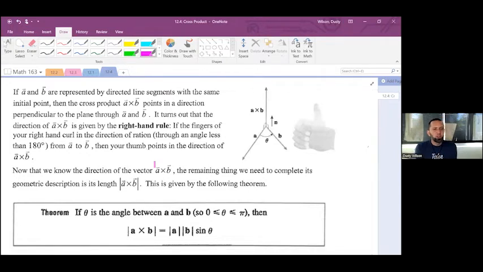Now that we know the direction of the vector A cross B, the remaining thing we need to complete its geometric description is its length, the magnitude of A cross B. This is given by the following theorem. If theta is the angle between A and B, so that 0 is less than or equal to theta is less than or equal to pi, then the magnitude of A cross B is equal to the magnitude of A times the magnitude of B times the sine of theta.